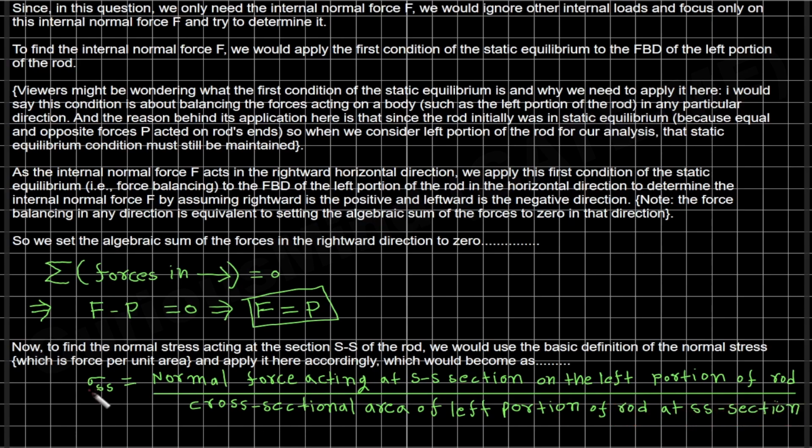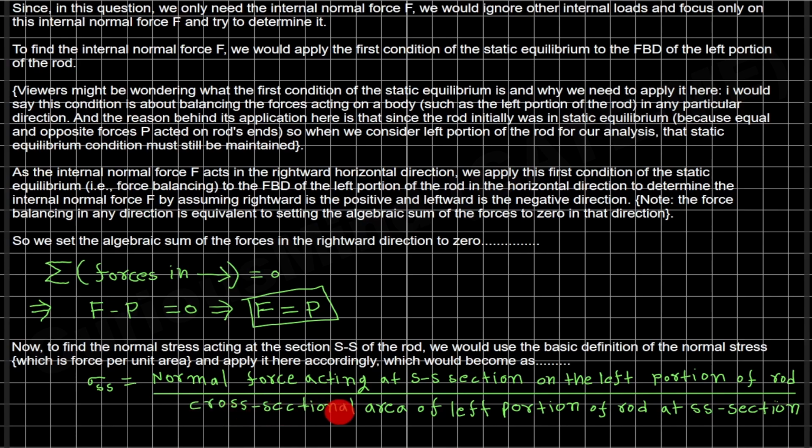What this ratio means is that the normal force acts perpendicular to the SS section on the left portion of the rod, divided by the cross-sectional area of the left portion of the rod at section SS.